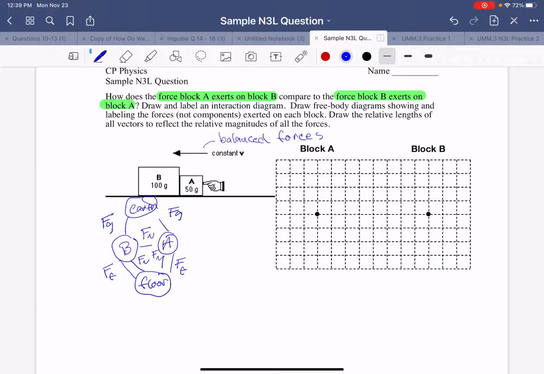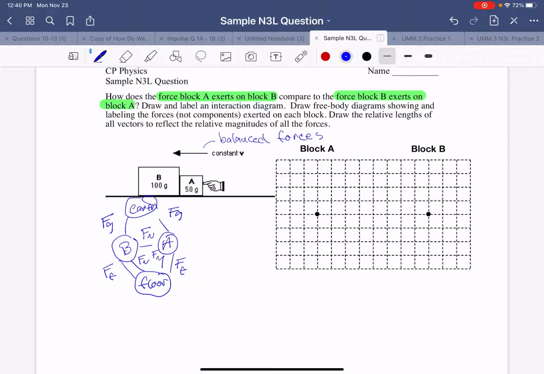Now I'm going to draw the free body diagram. I put this grid so you can put the size of the forces exactly how they need to be. Let's do block B first because it only has 4 forces acting on it, and that'll make it a little easier.